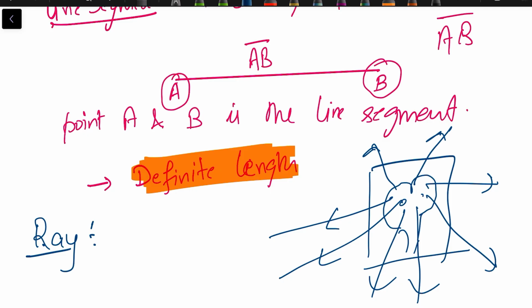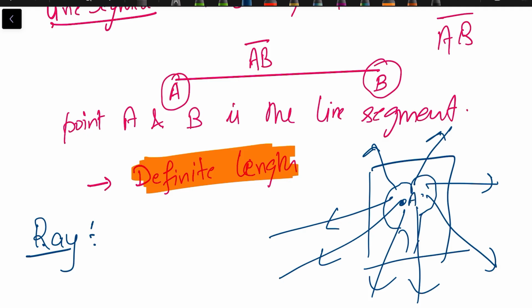So when we switch on the bulb, from one point the rays are emitted in one direction and go to infinity in the other direction. Let's consider this is a point A, and it goes till infinity.